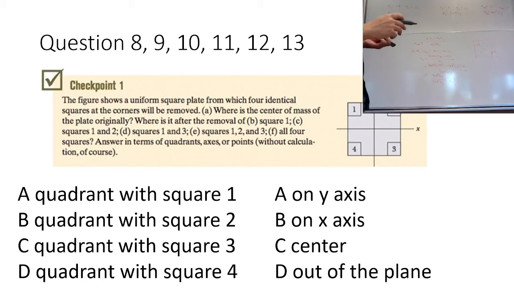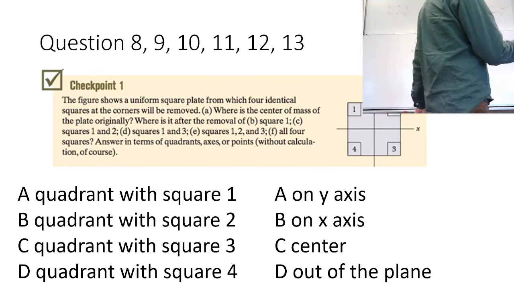If you remove squares 1, 2, and 3, so in the contract we square 4, maybe on the y equals x. Yeah.